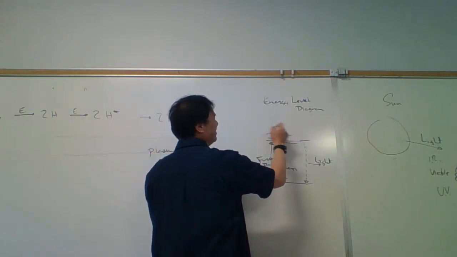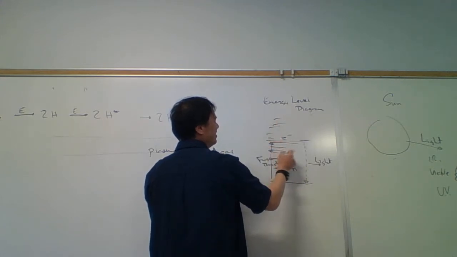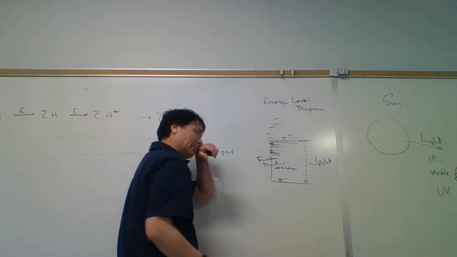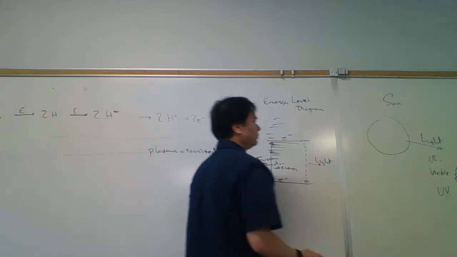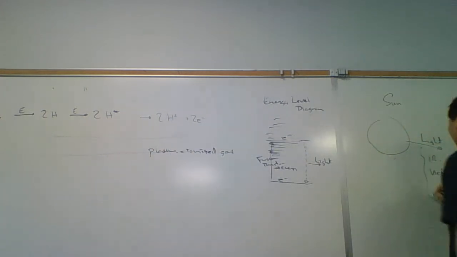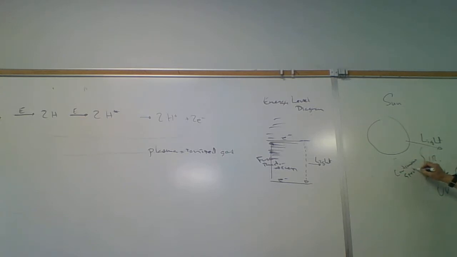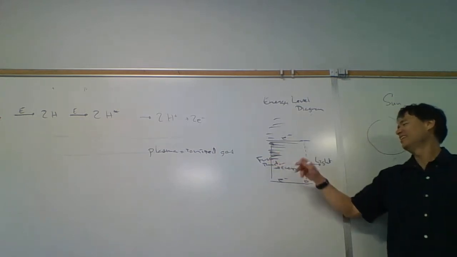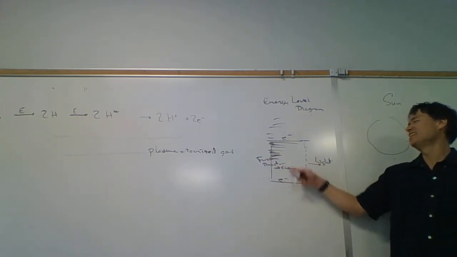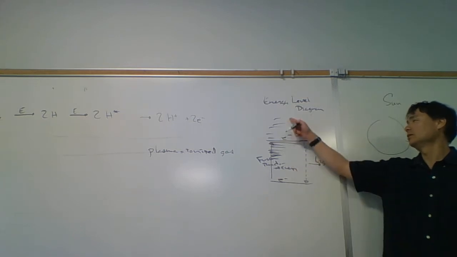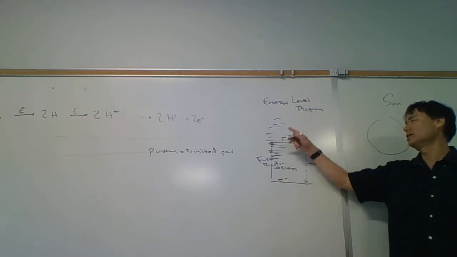And so there are a whole bunch of energy levels. So we see the whole spectrum. This is called the continuous spectrum of light. The way to think about it is the electron can get excited a little bit, or a lot, or any energy in between.